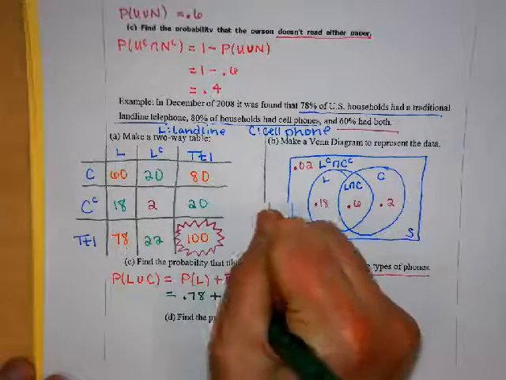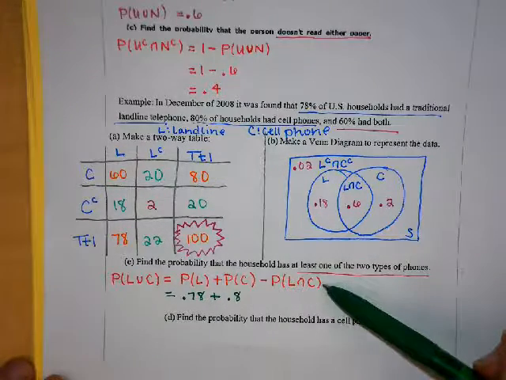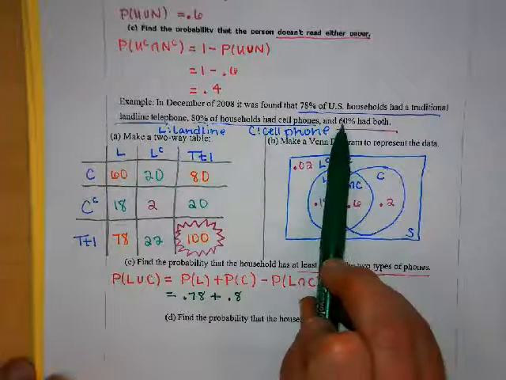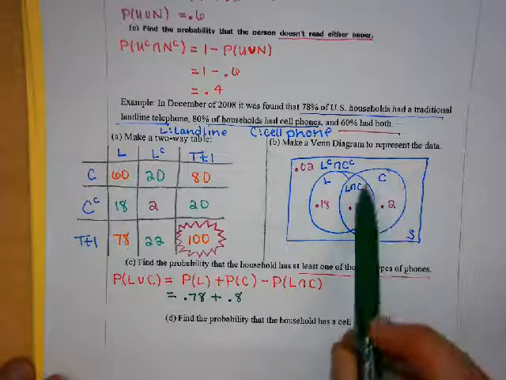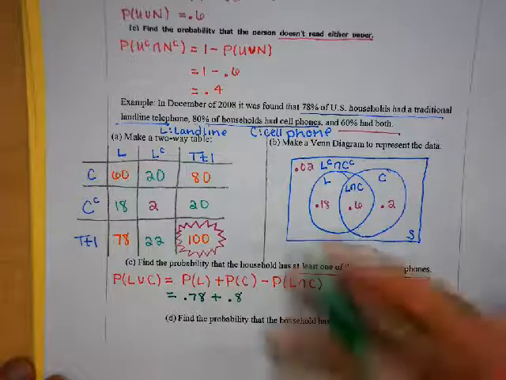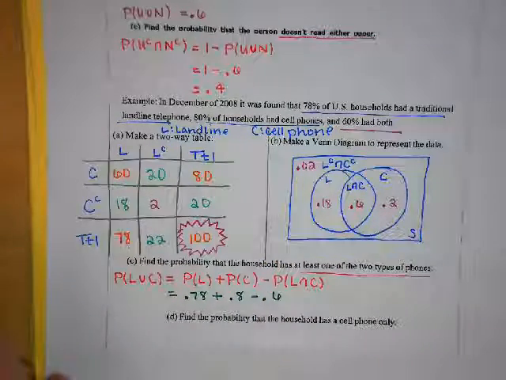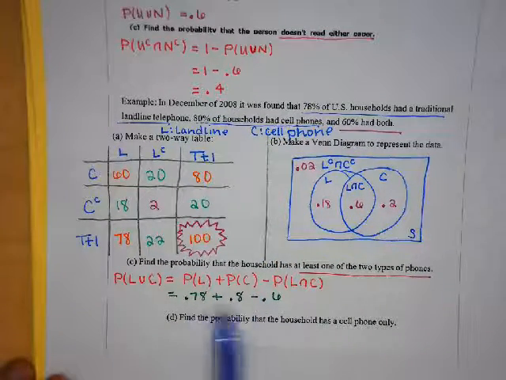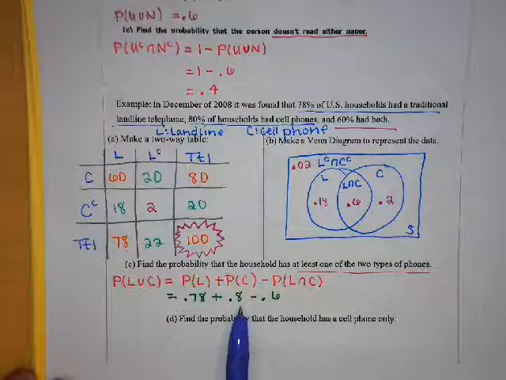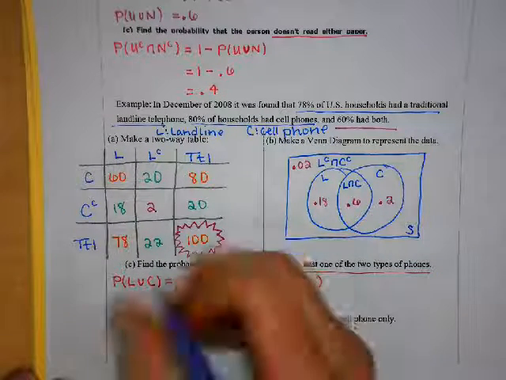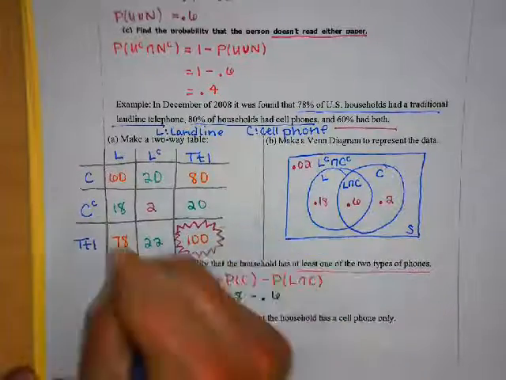That's right here in the table, or that's the intersection in the Venn diagram. 0.78 plus 0.8 is 1.58. Minus 0.6 is 0.98. So the probability that they have a landline or a cell phone is 0.98. Sorry, I don't know how I didn't make that on a straight line.